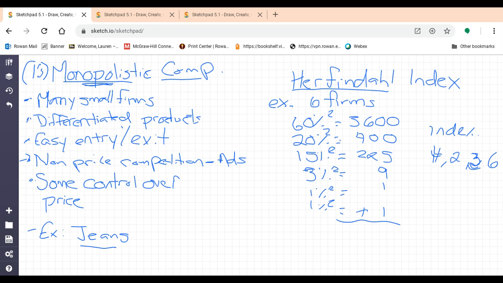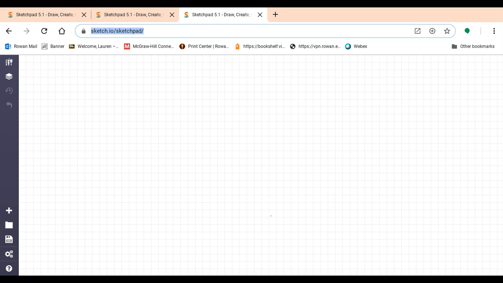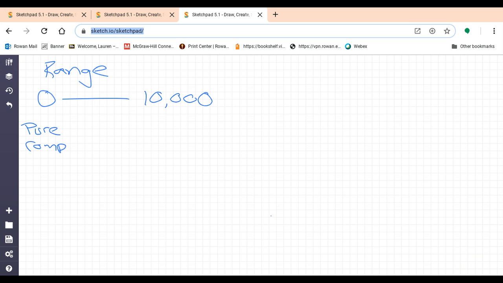Now let's talk about what this number actually means. It's just a number, but we want to know whether the market is concentrated or not. Our range for this index goes from 0 to 10,000, where 0 is pure competition, because there are so many small firms in the market that when you square them, they're almost insignificant, and you end up with just 0.